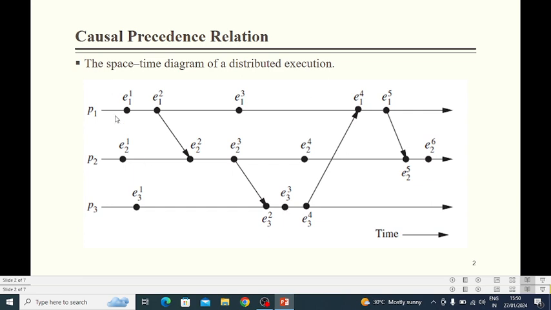So we have a path from E11 to E33 diagrammatically. So we can say that E11 happens before E33. We have a causal dependency between E11 and E33. E33 depends upon the execution of E11.